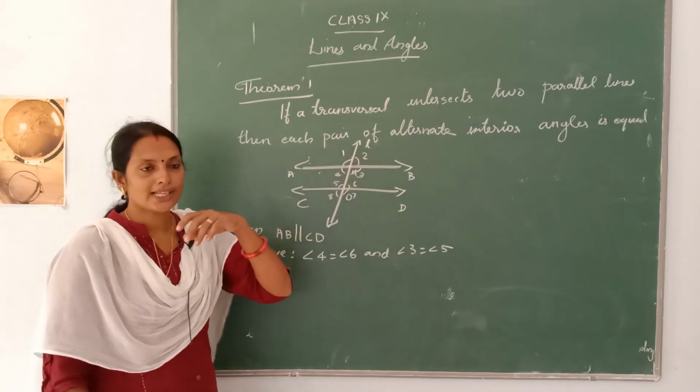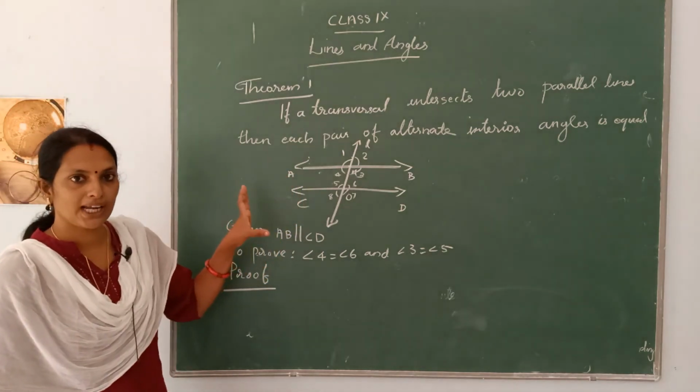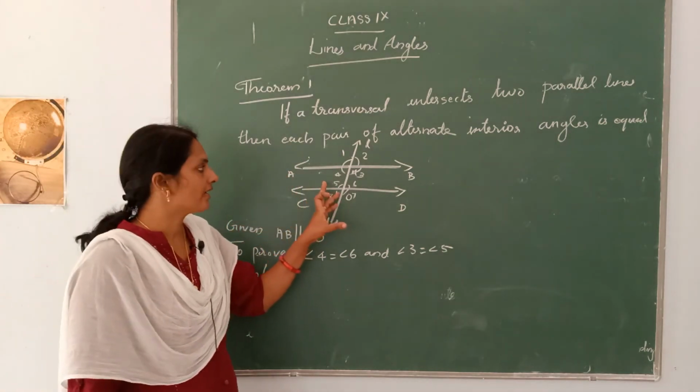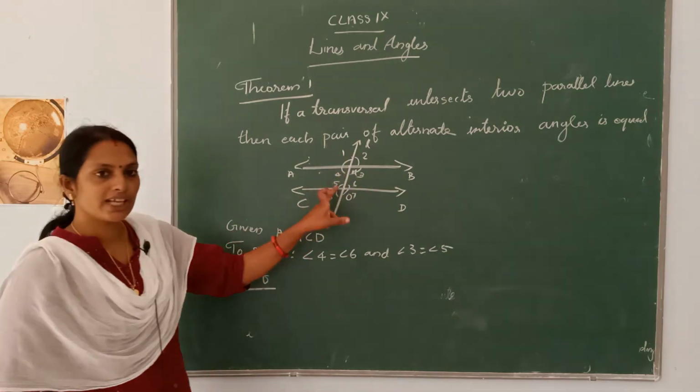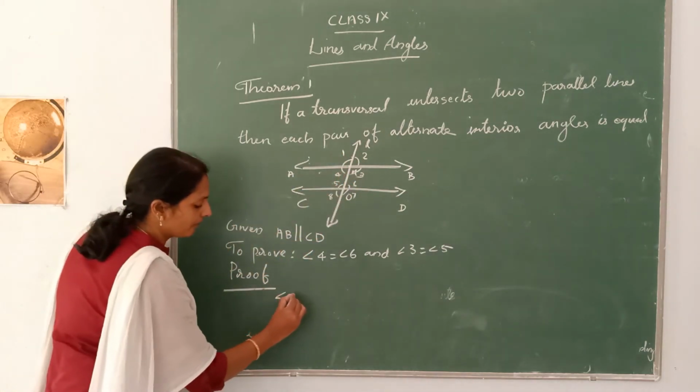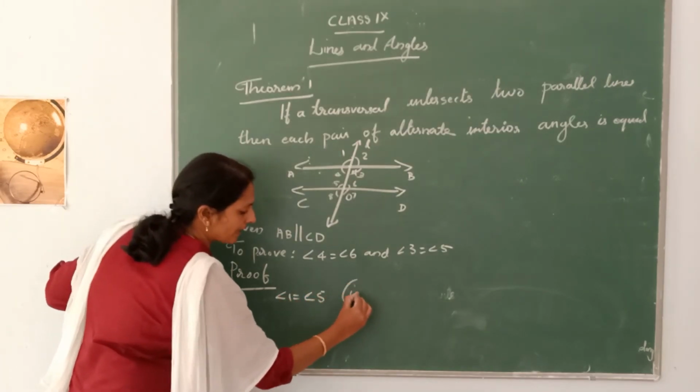Axiom 1 says that if a transversal intersects two parallel lines, the corresponding angles are equal. Angle 1 is equal to angle 5, that is the corresponding angle axiom.